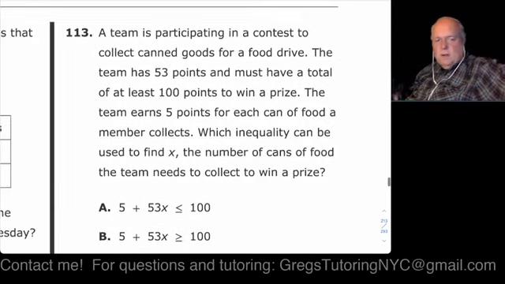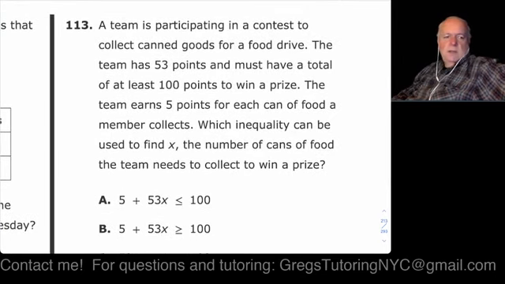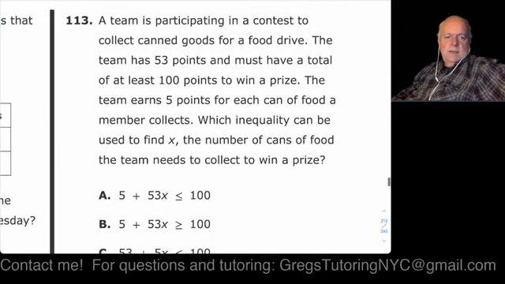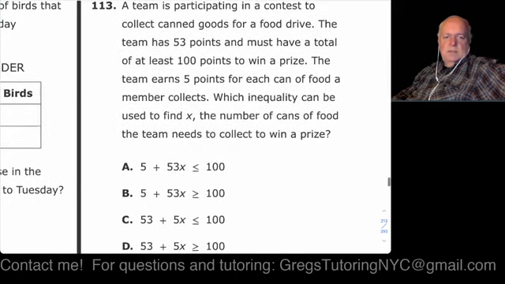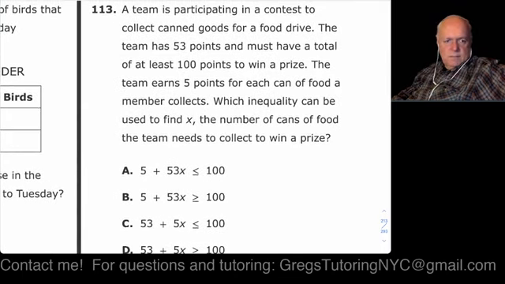Okay, so this one deals with inequality as well, so we're going to do it anyway. Let me shrink that down a teeny bit to get all the choices on the screen.